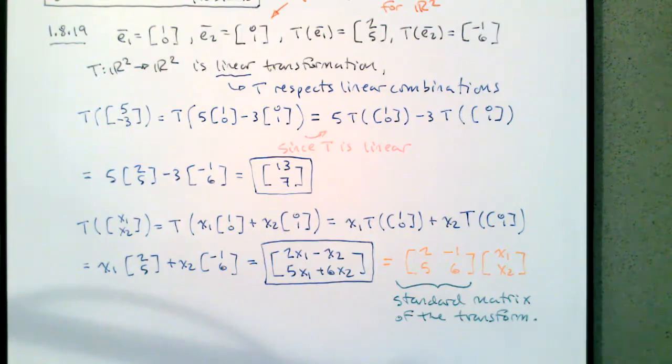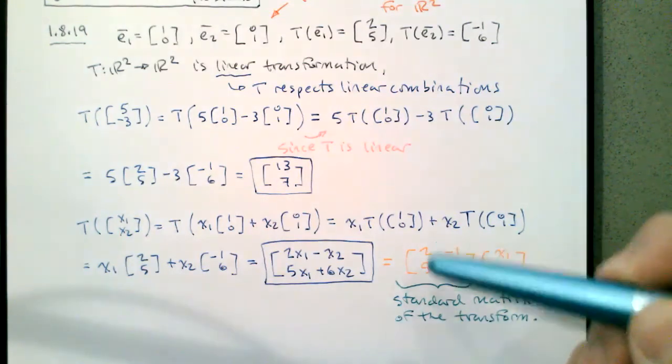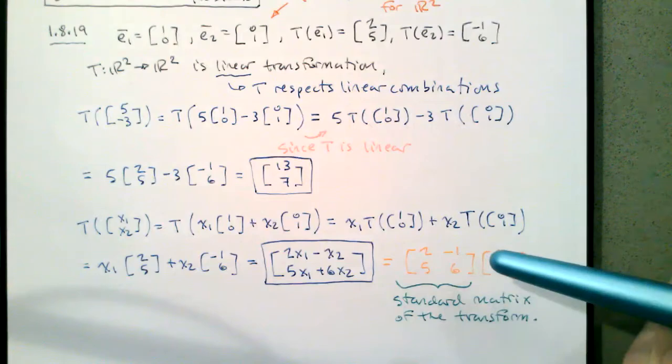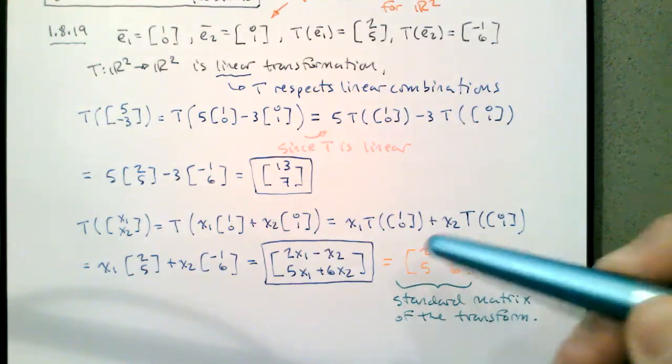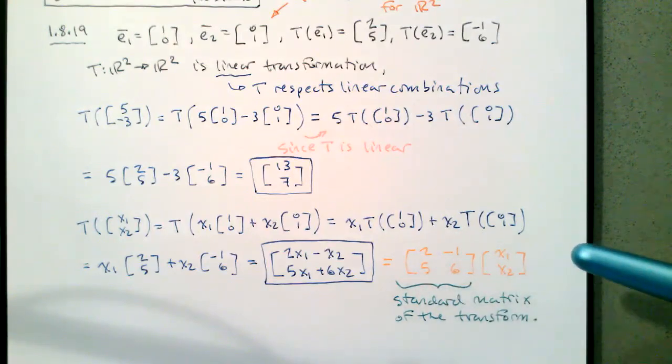Furthermore, notice that this transformation from R2 to R2 is an injective and surjective transformation because this matrix is row equivalent to the identity matrix. So this matrix is invertible.